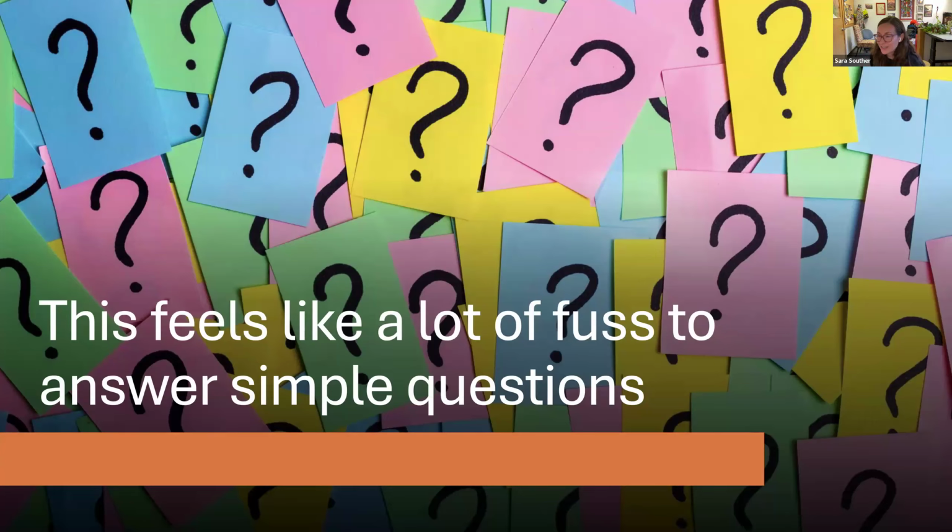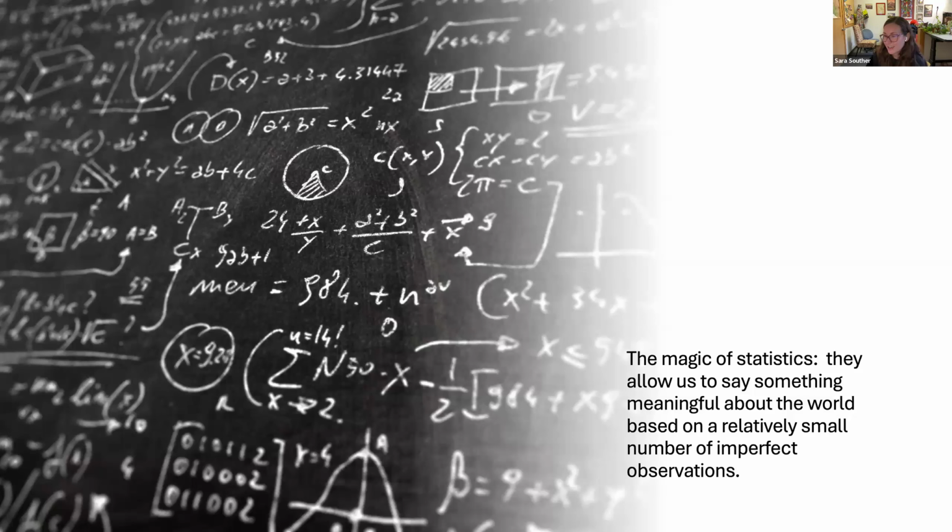And so even though those are simple questions, we have to use statistics to be able to answer them. So that is the magic of statistics. They allow us to say something meaningful about the world based on a relatively small number of very imperfect observations. And that's genuinely incredible when you think about it.